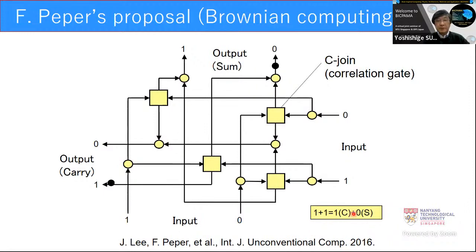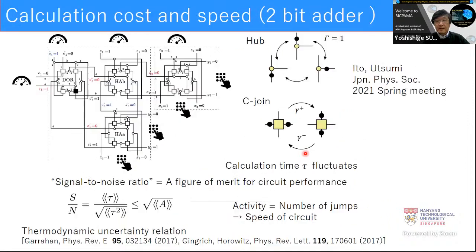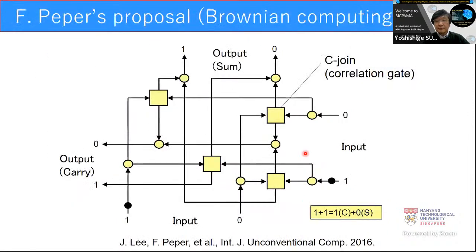We put tokens at the corresponding input wires. Then both tokens show Brownian motion and search each other. Three square boxes are conservative joins, which correlate two tokens.